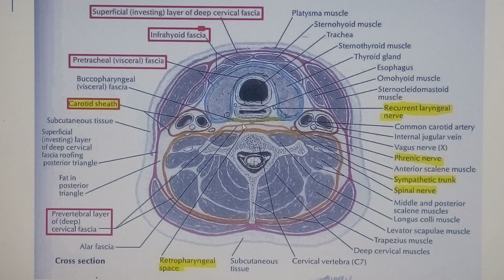That's one thing you have to know. Because, my friends, this retropharyngeal space extends all the way from the base of the skull to the diaphragm. Because there's no abdominothoracic diaphragm that I'm talking about. I'm not talking about there being no diaphragm in the neck region. Okay, so that is what we see.